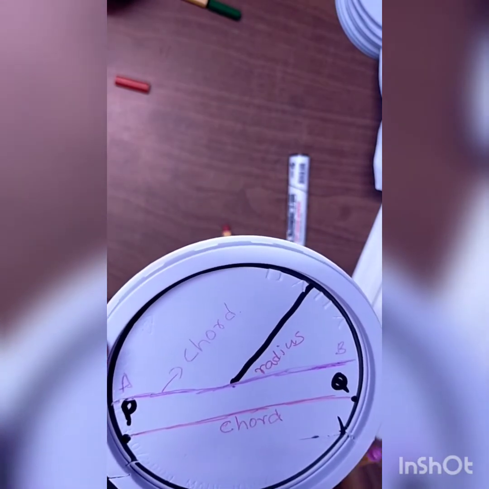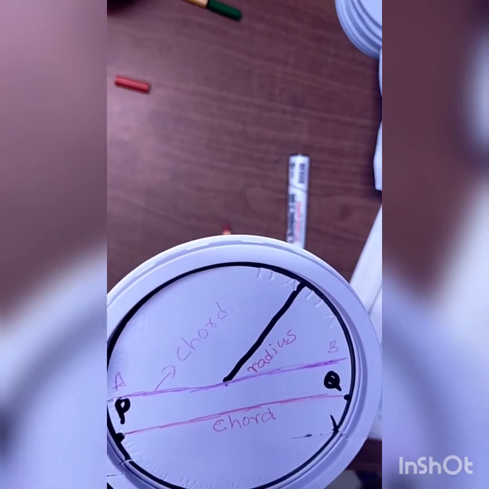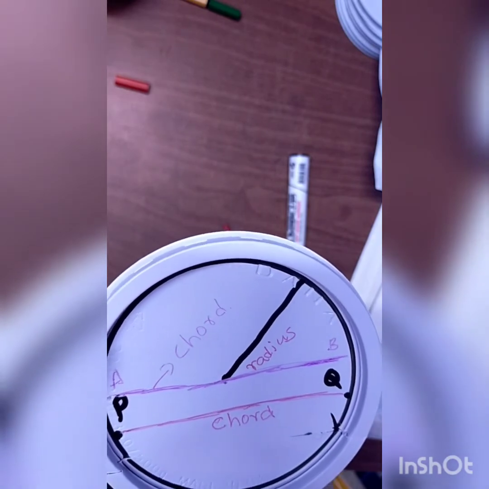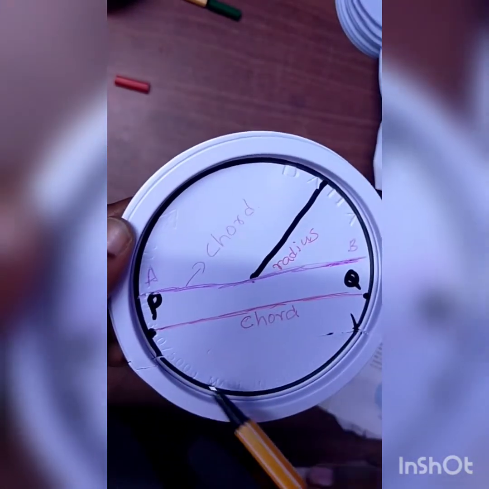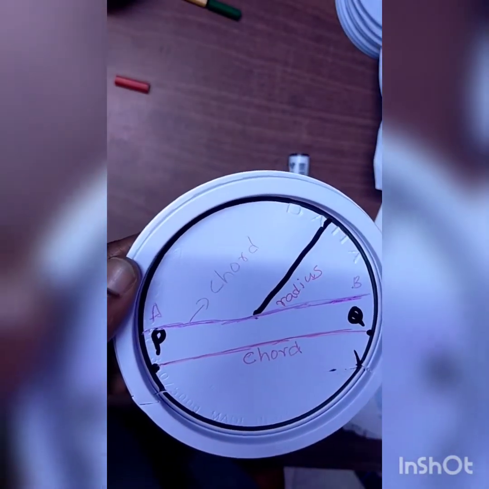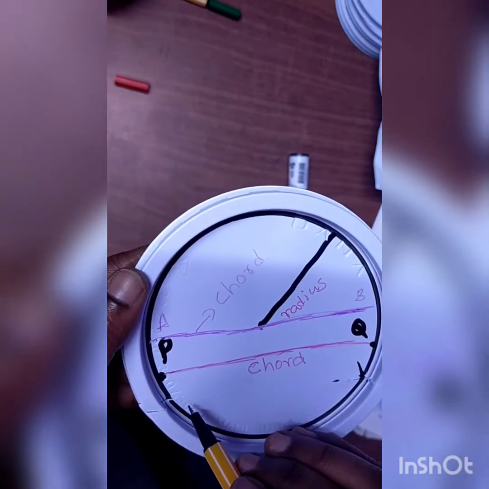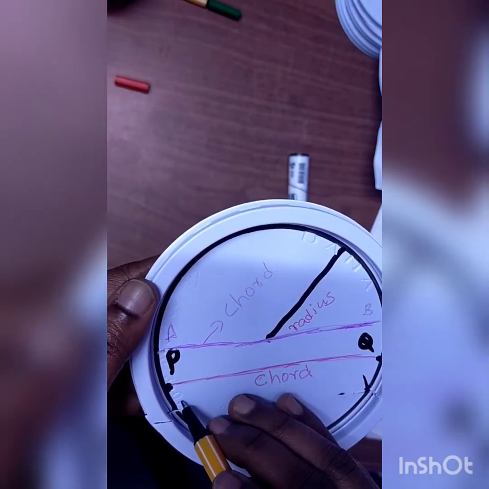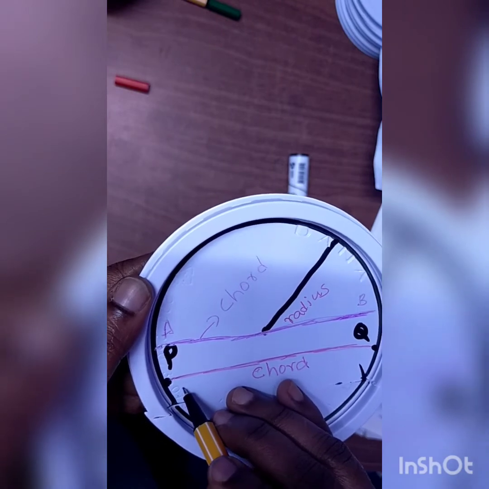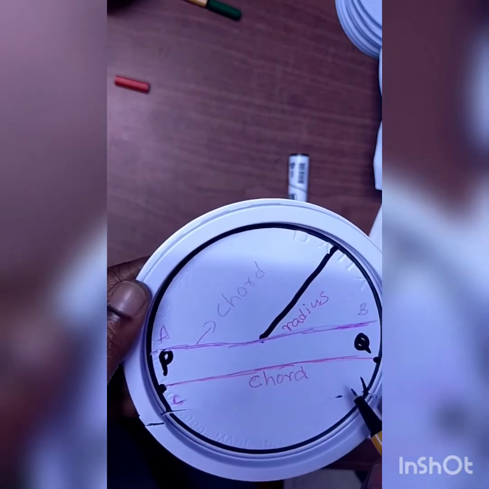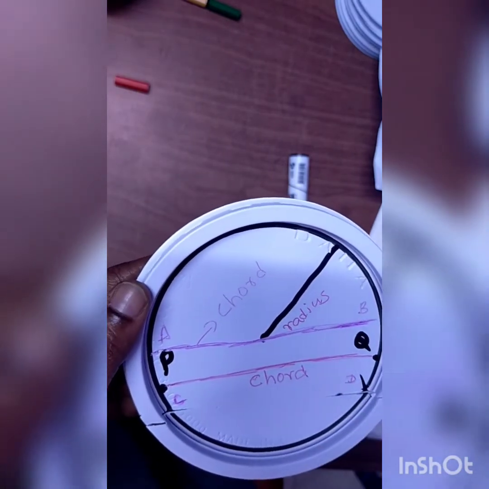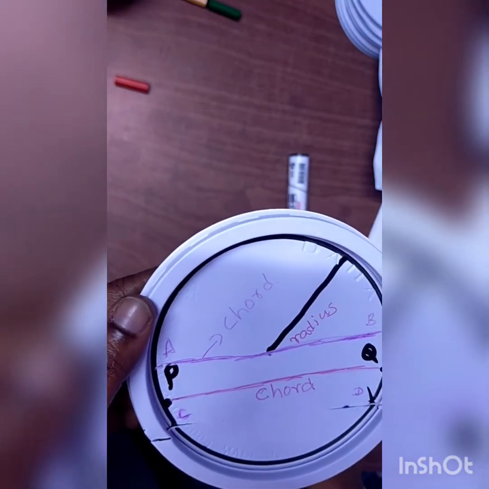Now what is an arc? A piece of circle between the 2 points. Okay, so I'm just taking the 2 points. Let me name it as C and D. So what is the arc?